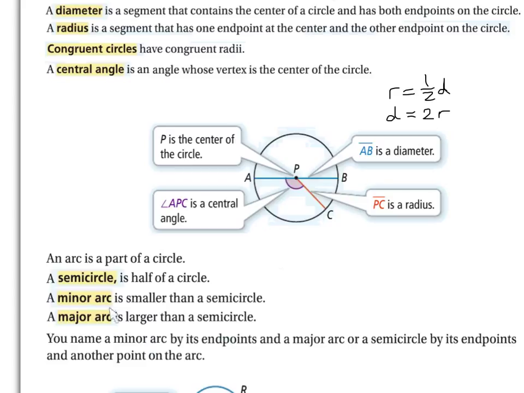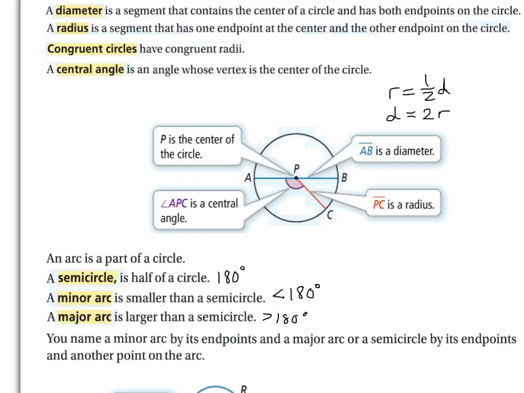A minor arc is smaller than a semicircle, in other words less than 180 degrees. A semicircle is exactly 180 degrees. A whole circle is 360 degrees, so half of that is 180. A minor arc is less than 180, and a major arc is more than 180 degrees; it's larger than a semicircle.